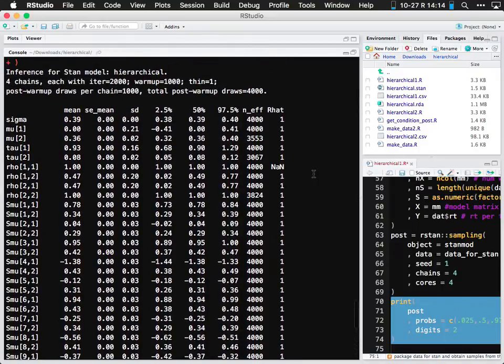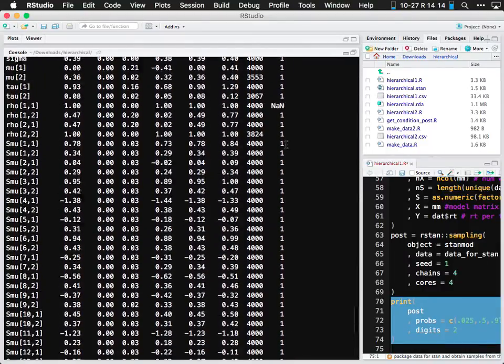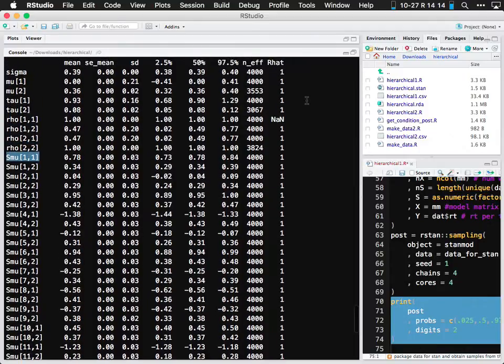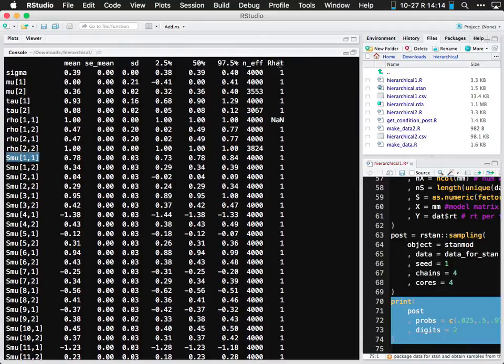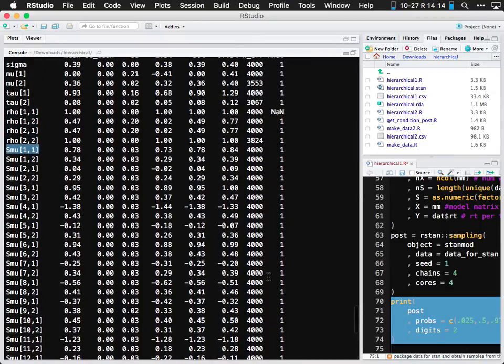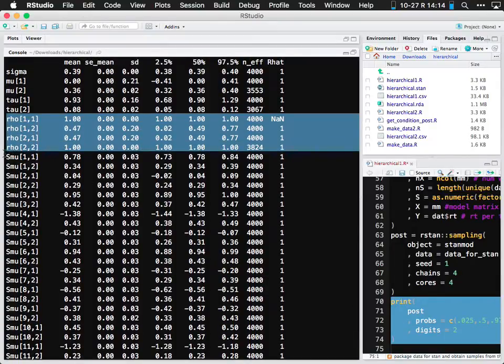Okay, so if we look at our output, it's a lot bigger than all our previous models. That's because it's actually giving us output for every subject, a posterior on that subject's intercept and difference. Critically, looking at the effective sample size and the R-hat column, they're all 1 and above 4,000, so that's great. If we wanted to look at the correlation between the intercept and difference, that's in the row section.